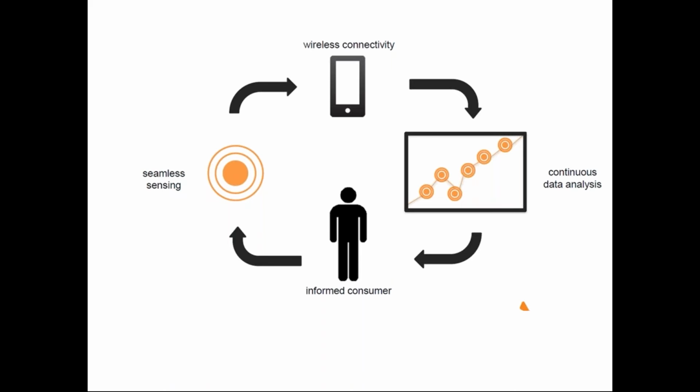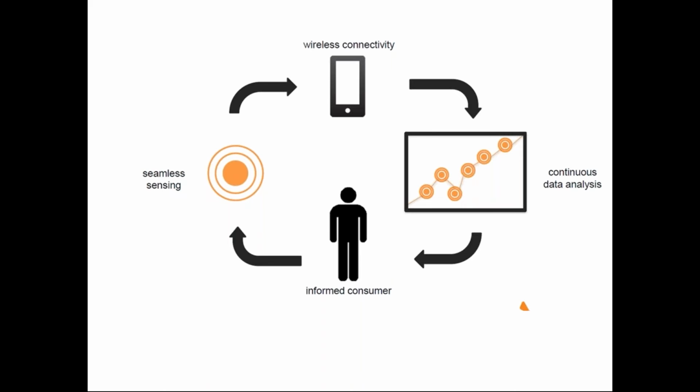So this is in few steps, and after data analysis, the circle comes back and the consumer is now informed. For example, if I take an example of glucose monitoring, from the sensors, the glucose level is detected, it has been transmitted, it has been analyzed, and then the consumer is informed.